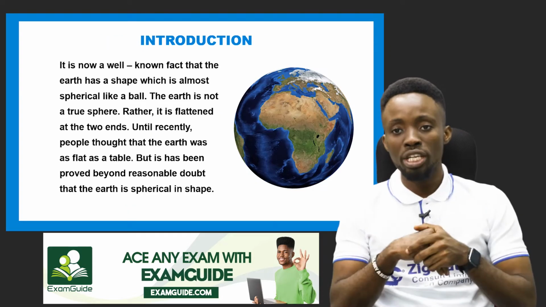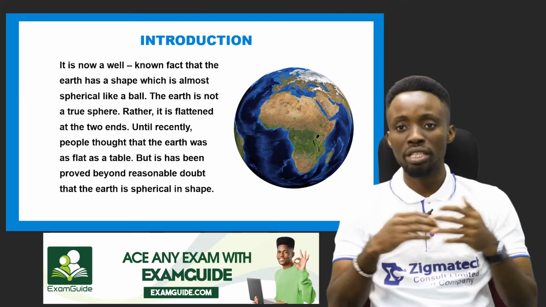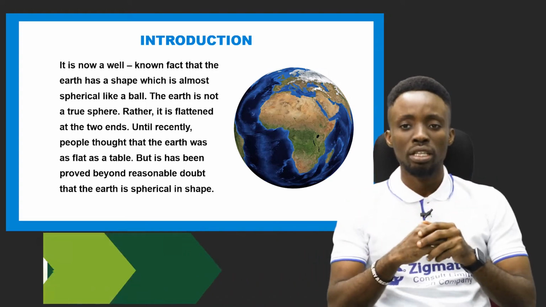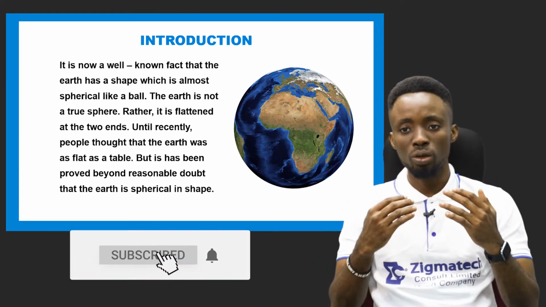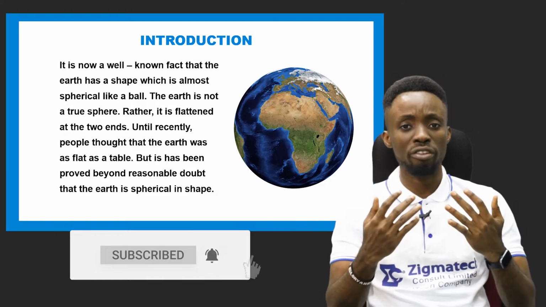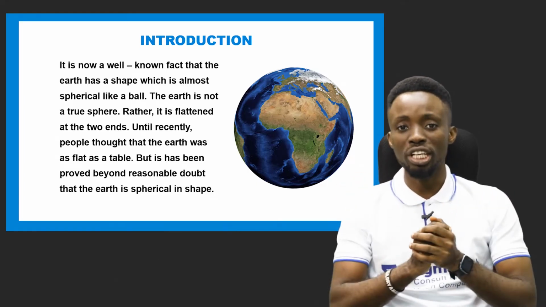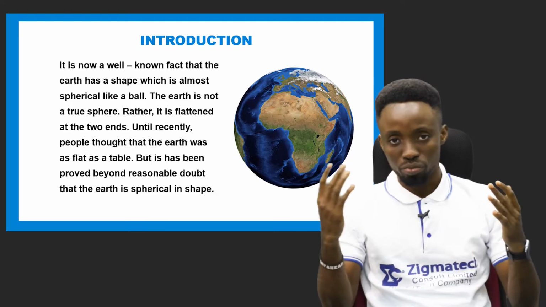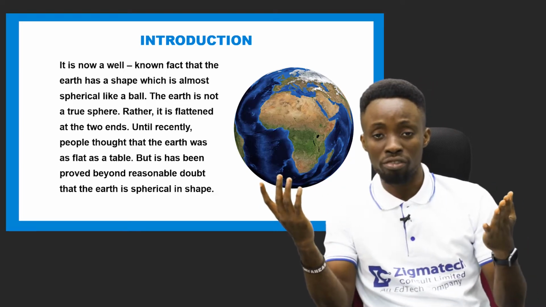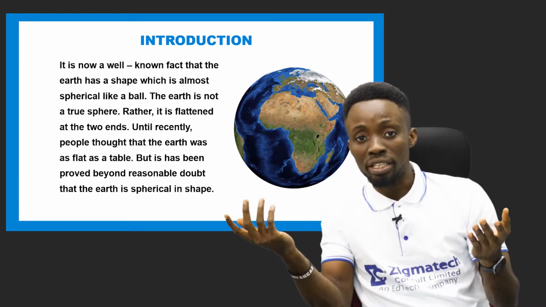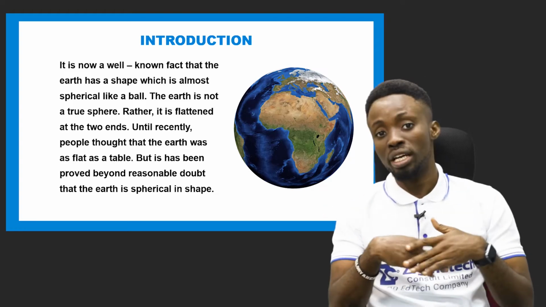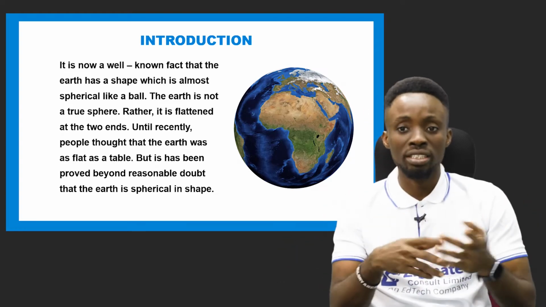So before we actually commence, let's just look at the Earth. Over the years, we've had so much argument about how the Earth looks like. People will come up with the fact that the Earth is flat. Some persons will say that the Earth is round. Some persons will say that the Earth is maybe round or maybe flat.